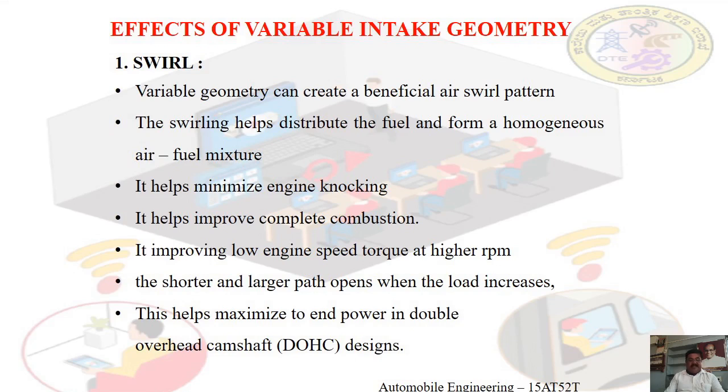At higher RPM, the shorter path opens along with the longer path when the load increases, so that a greater amount of air with least resistance can enter into the combustion chamber.